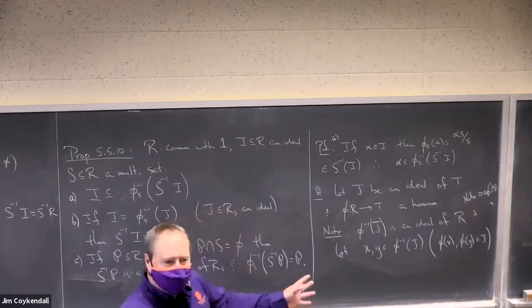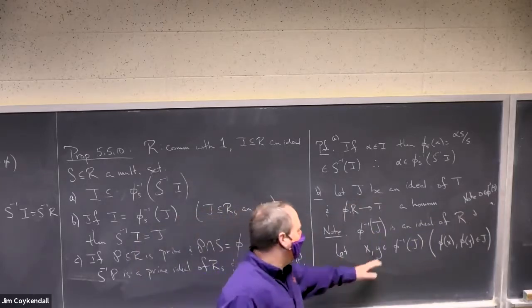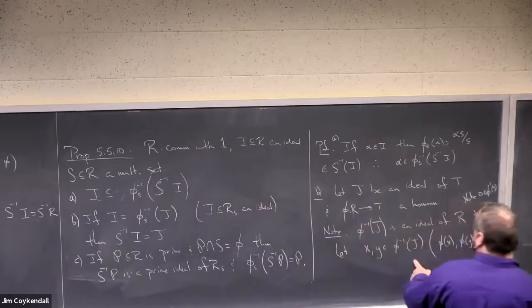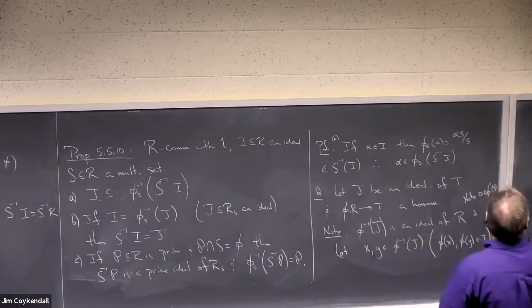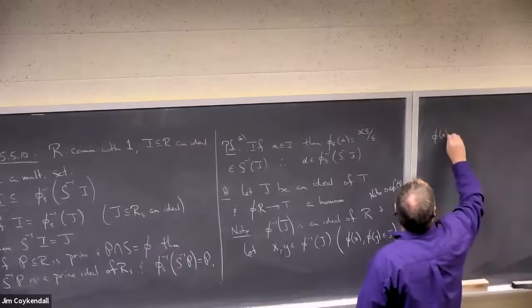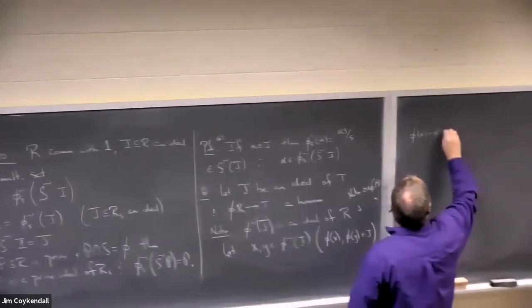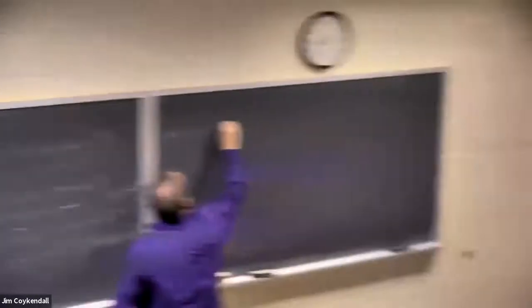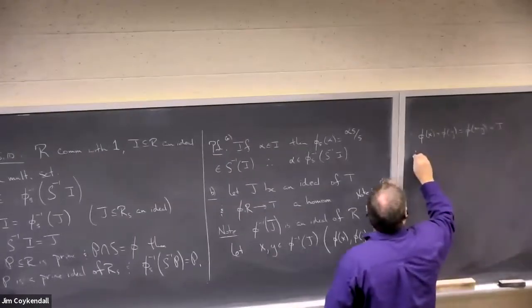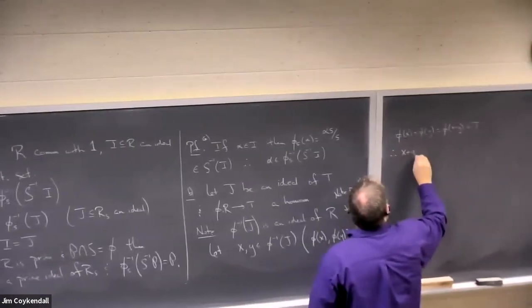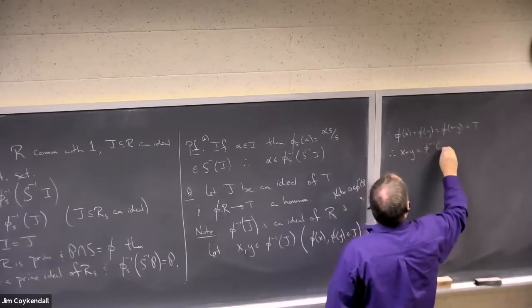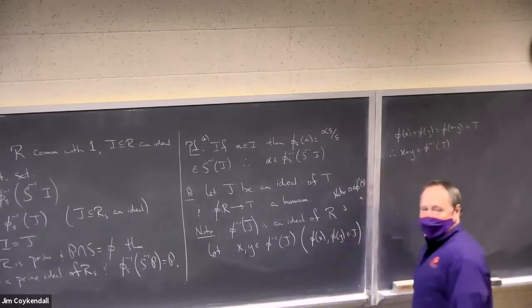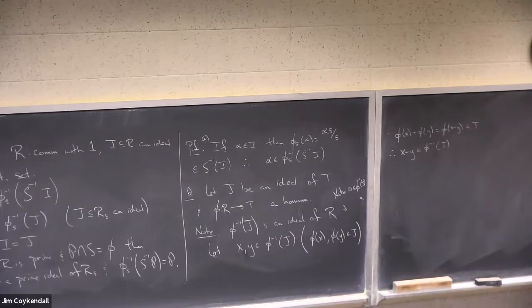So I should have said that first, to make sure that this is not the empty set, but we're good to go. Notice that phi of x plus phi of y, which is the same thing as phi of x plus y, is in J. Therefore, x plus y is in phi inverse of J. So it's closed under addition.